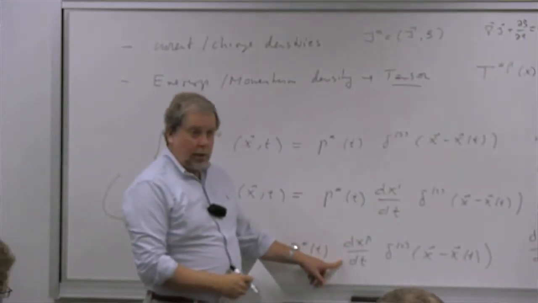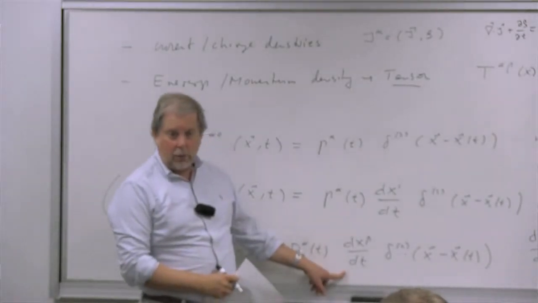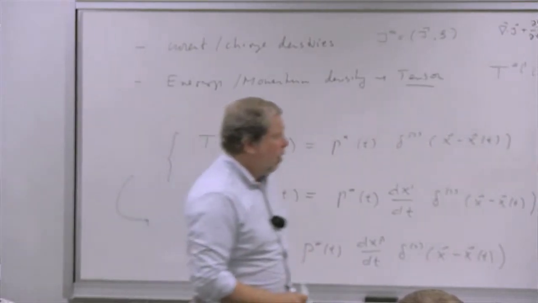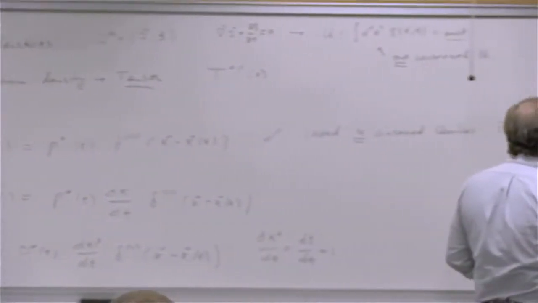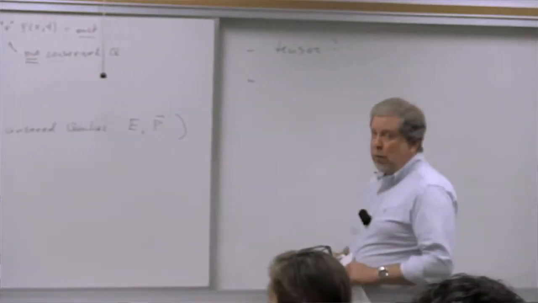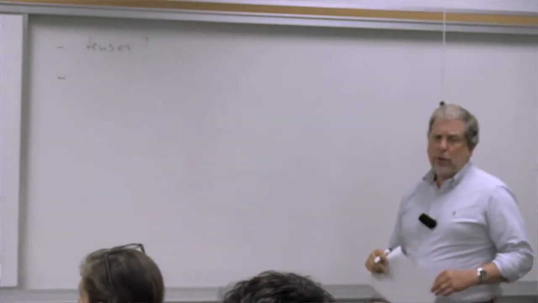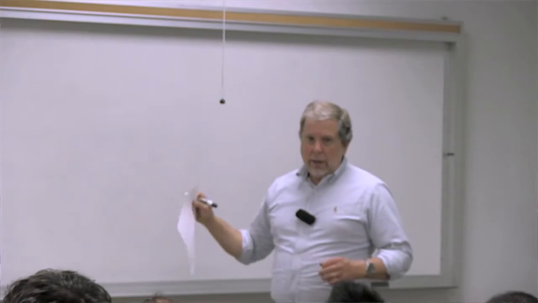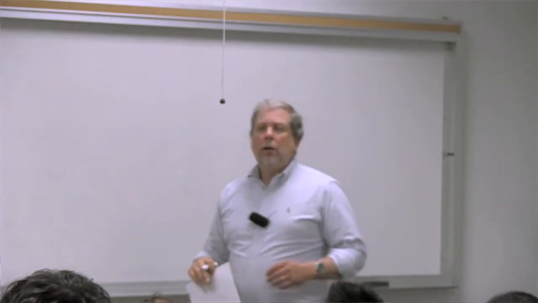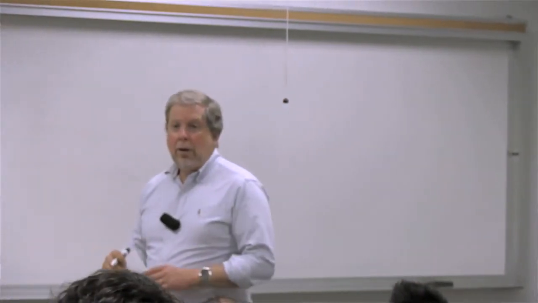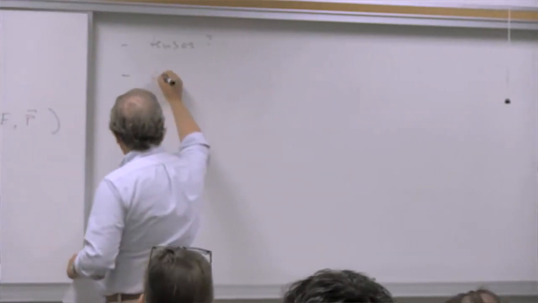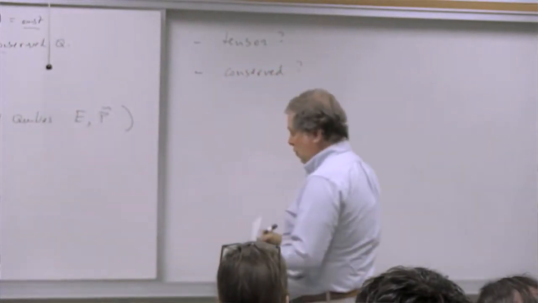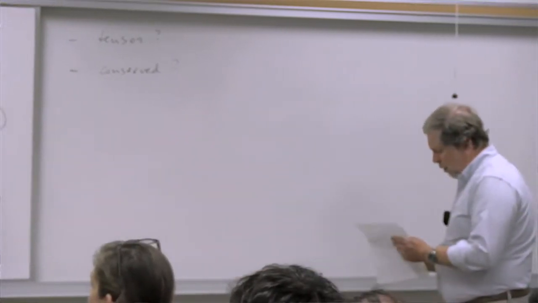But this one is not, because it contains the derivative with respect to time, and also it has a delta 3 function and not a delta 4. And so we have to answer that question. And the second question we want to ask, which is again analogous to what we did in the case of electromagnetism, is it conserved? Very good.